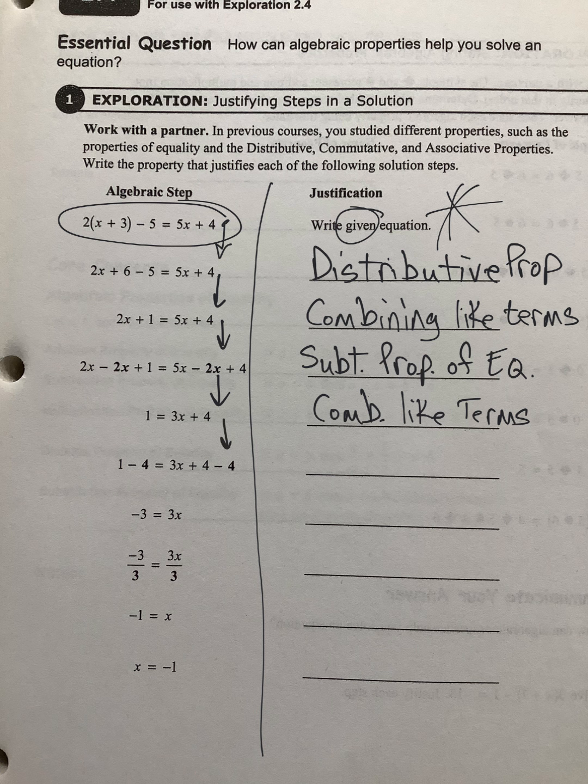Now, from here to the next step, what'd they do? See if you can start saying it properly. Chapin. Well, they're just now subtracting the 4. So it's subtraction property of equality. They minus 4 on both sides. And then the next step. Combine like terms.